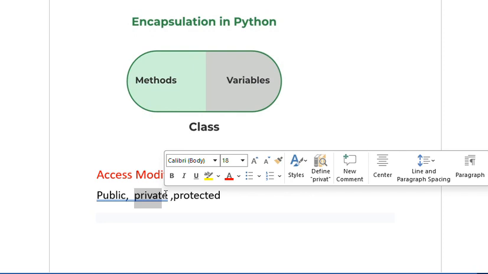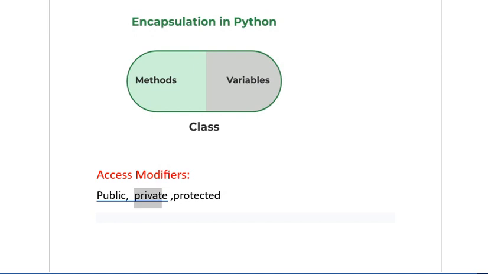Remember, don't get confused between private and protected. Private means only within the class. Even if it is derived, we cannot use the methods and variables declared private. But protected is the opposite of private.